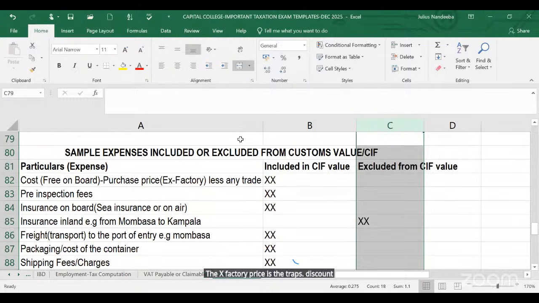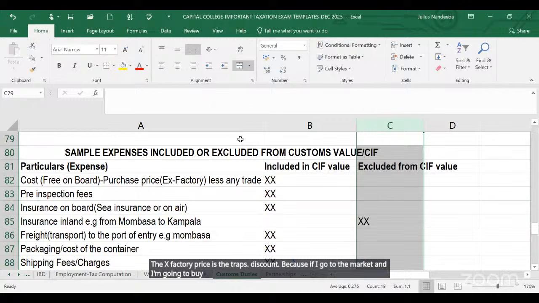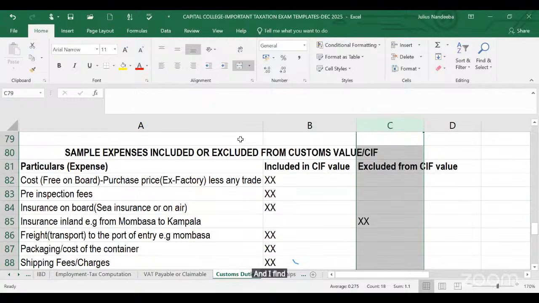Because if I go to the market and I'm going to buy this pad, and I find the price on it is 1.5 million, and I bargain, and they deduct for me 100,000, it means the price that we are talking about is only 1.4, and all taxes will be based on 1.4. So the trade discount automatically reduces the price.